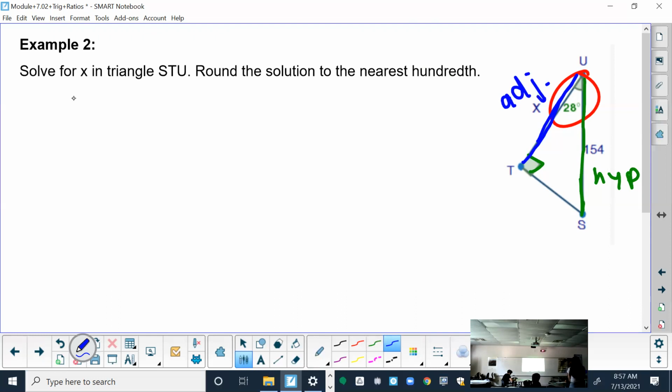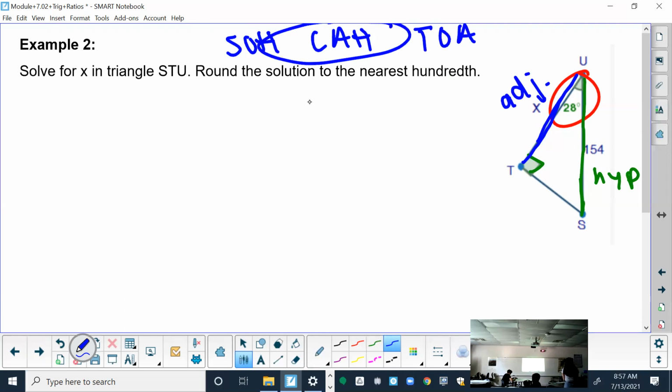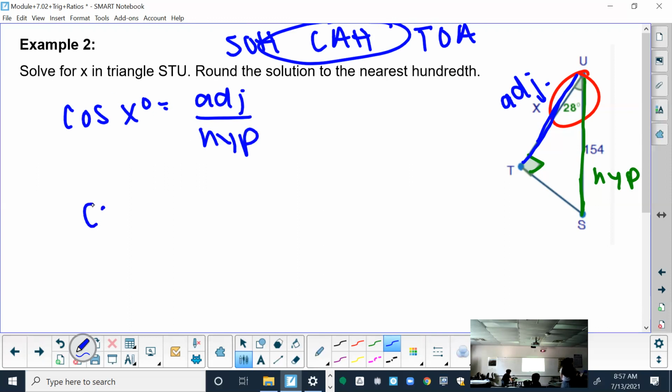Good. Now that I have that, you go over your trig functions. The only one that has adjacent and hypotenuse at the same time is this one. So we're using this function rule, adjacent over hypotenuse, and plug in the values that you have.